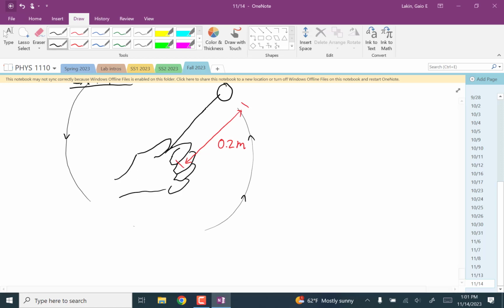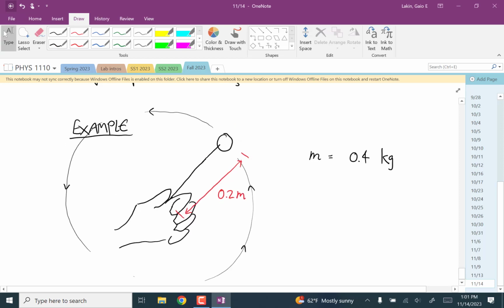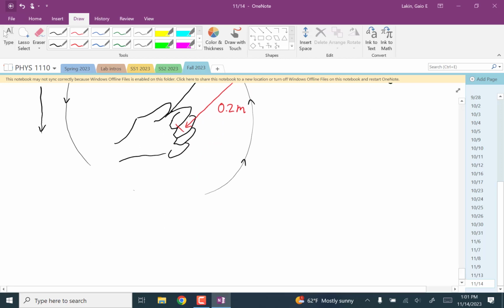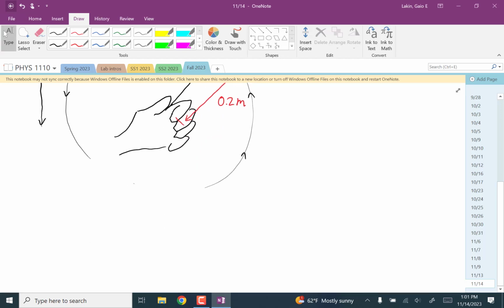And let's say that the mass of the ball is 0.4 kilograms. And I'm imagining this in a circle this way, so gravity is going to come into this problem. This is down. And we want to calculate the following stuff.